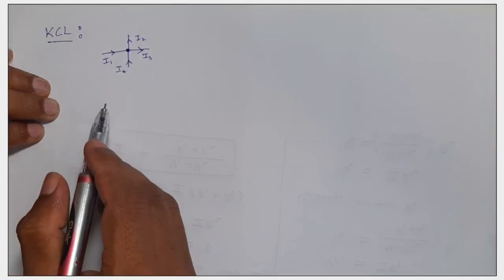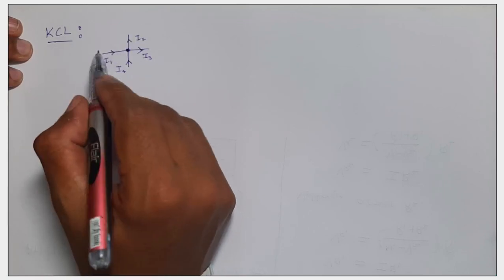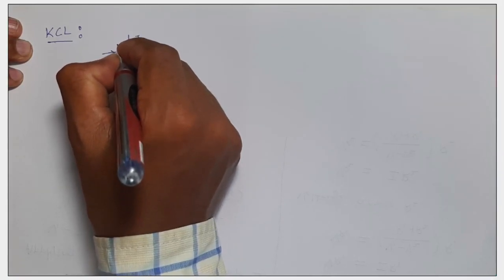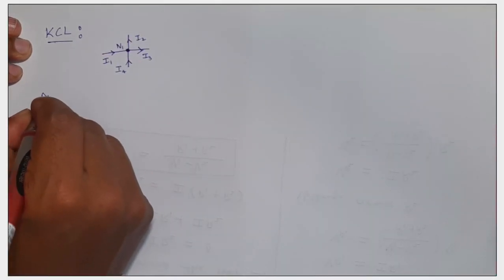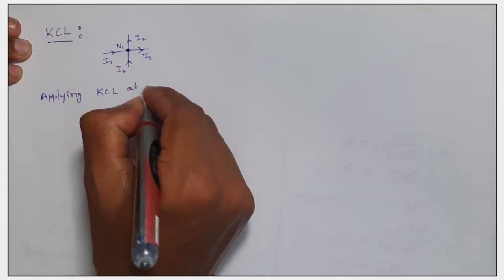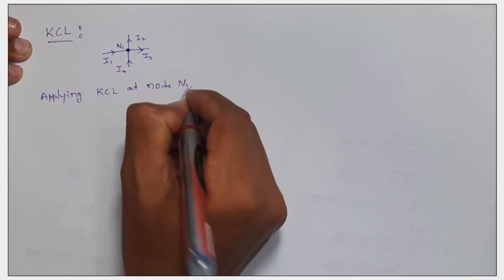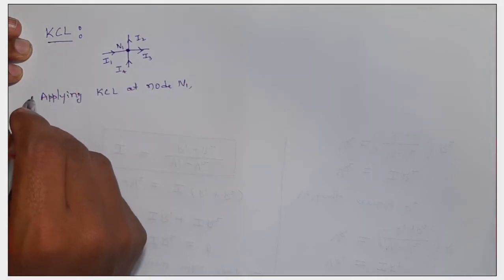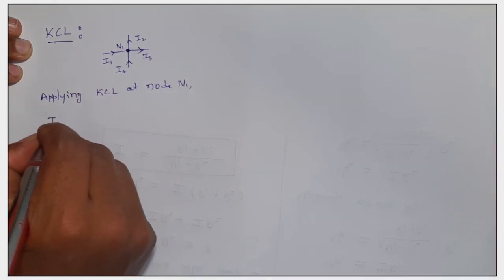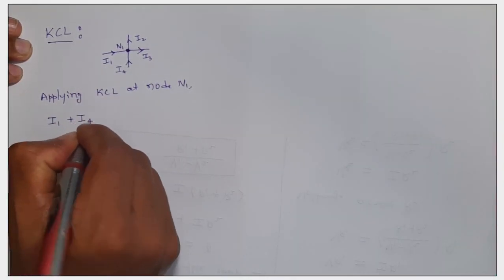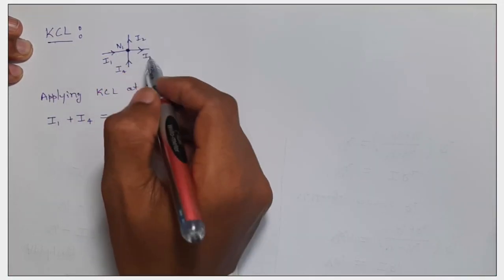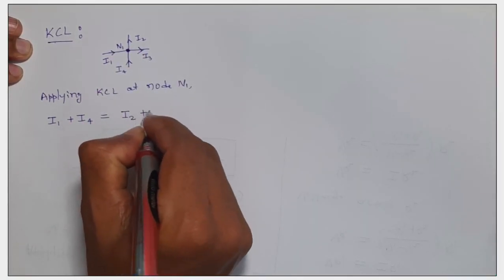As per KCL, the sum of incoming currents: how many currents are incoming? 1, 2. Two currents are incoming to this node. So let this node be N1. Applying KCL at node N1, we get the sum of incoming currents, that is I1 plus I4, both are incoming, is equal to the sum of outgoing currents, I2 and I3: I2 plus I3.